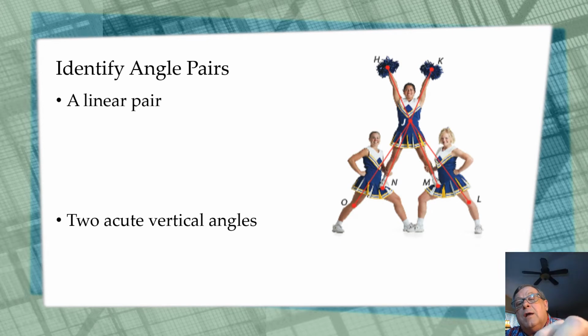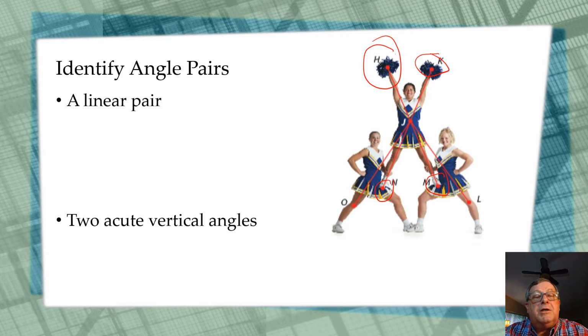If I look right here, H, J, that point there, and M right here, that forms a line. And K, J, again, and N, that forms a line. Now those segments, OJ and LJ, are line segments, but they're not forming a straight line with any of the other two, because there's an angle there. It's not going to be a straight line.